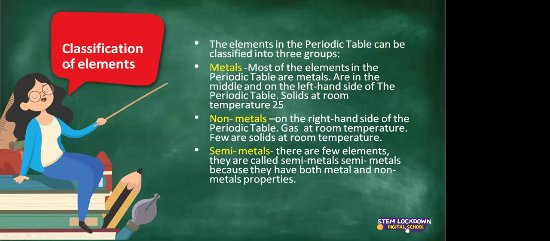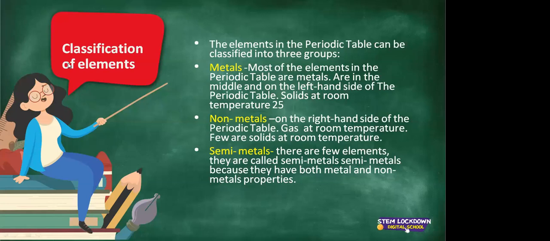Then the classification of elements. We can further classify elements into 3: metals, non-metals, and semi-metals. Most of the elements in the periodic table are metals, in the middle and on the left-hand side of the periodic table.